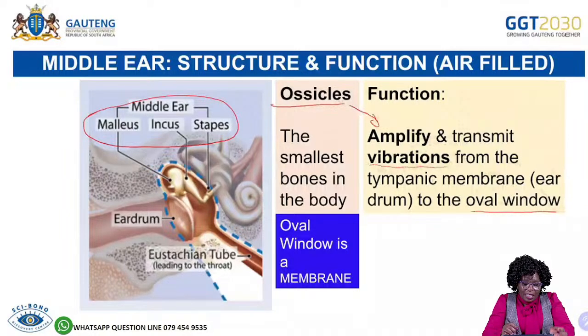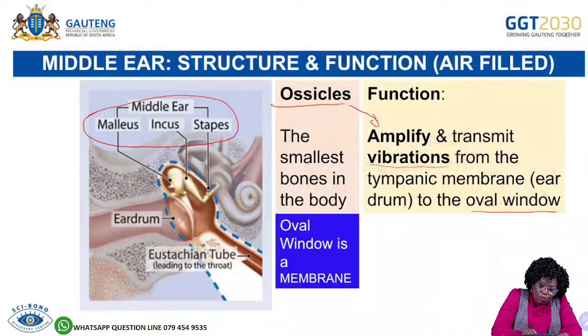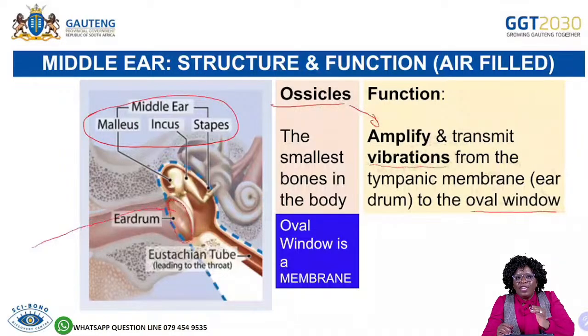In other words, something that I did not mention earlier on. So, as much as we don't have here the outer ear shown, sound waves will be coming from the pinna through the auditory canal. There is sound wave moving until the sound wave reaches what? The tympanic membrane. As soon as sound waves reach tympanic membrane, vibrations are created.